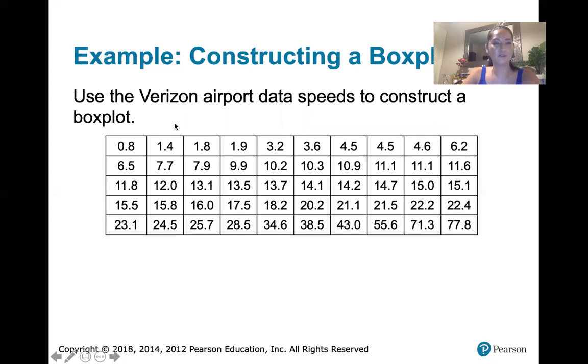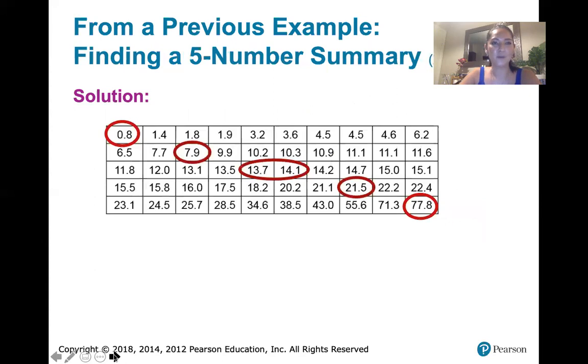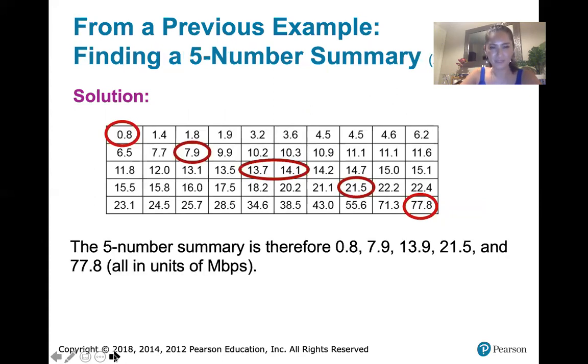So we've got the Verizon Airport data speeds, and we want to use it to construct a box plot. Now remember what we did in that last video. We found a 5-number summary for this data. So the 5-number summary is 0.8, that's our minimum. 7.9 was our first quartile or 25th percentile. 13.9 was our 50th percentile or second quartile.